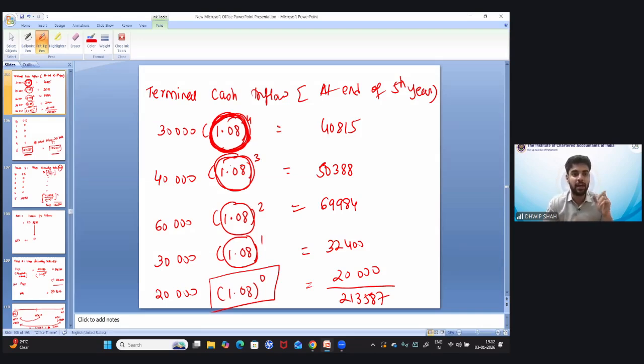Understood? So MIRR is a modified or upgraded version of IRR.